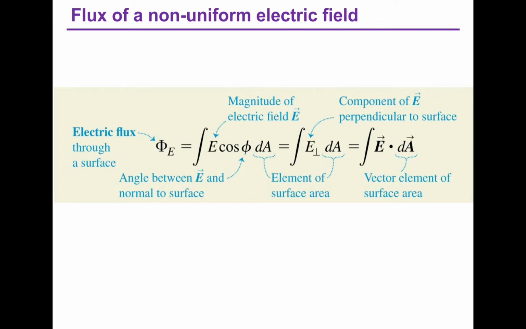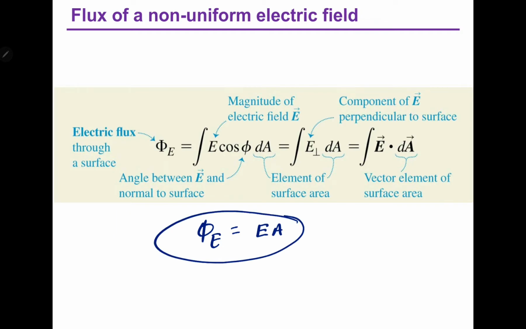If the electric field is uniform, we can directly write phi e is equal to E, which will be constant, times the integration of dA, which will be A, right? If the electric field is non-uniform, not constant throughout the area, then you can write it this way.